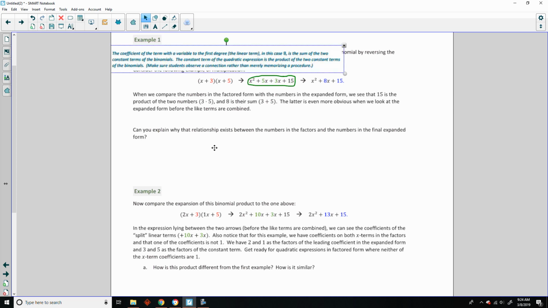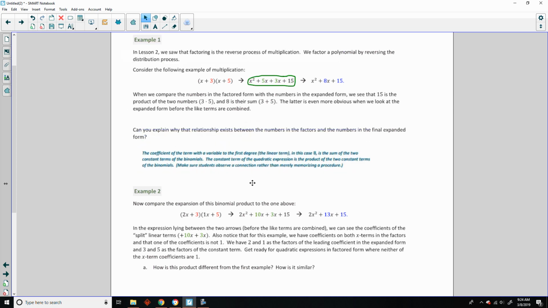here's the explanation. The coefficient of the term with a variable to the first degree, that's our linear term, in this case 8, is the sum of the two. They're talking about this here being the sum of 5 and 3.